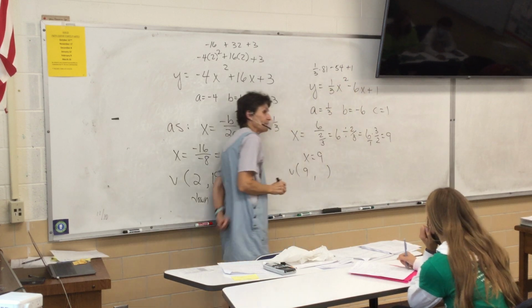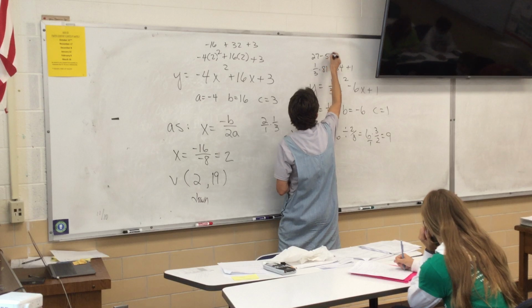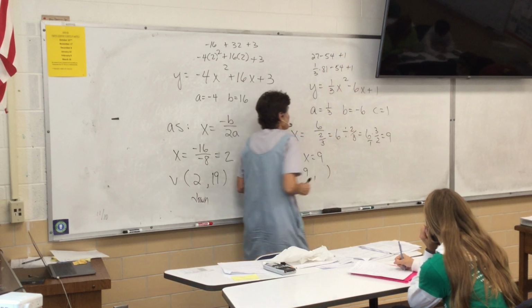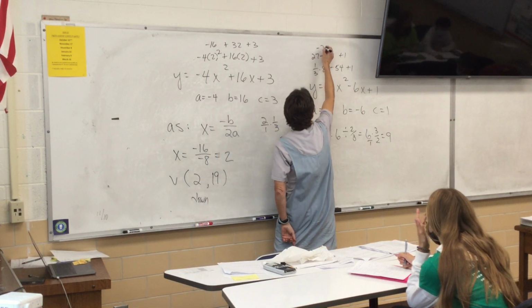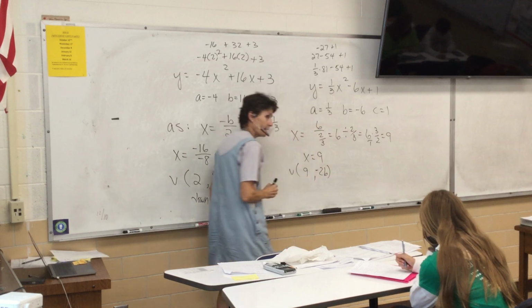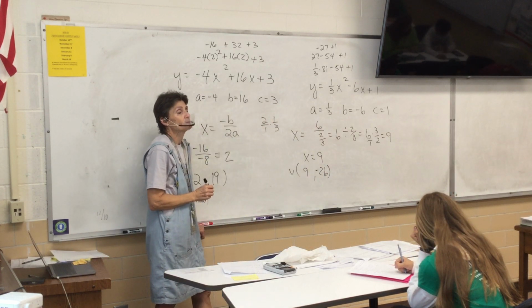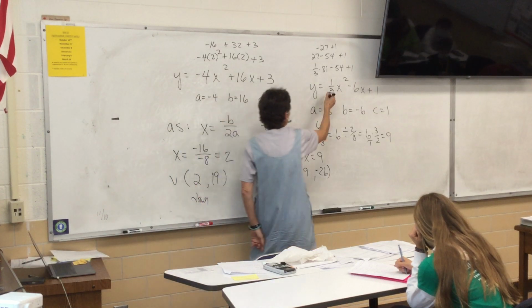What's a third of 81? 27. 27 minus 54 is -27 plus 1. I got -26. Anybody else get that? And which way is it open?